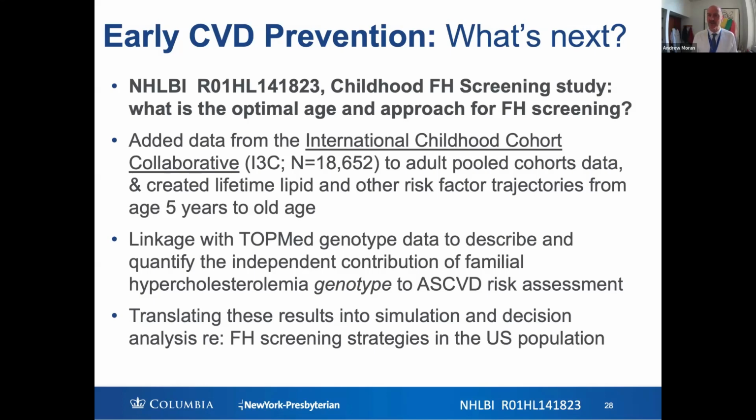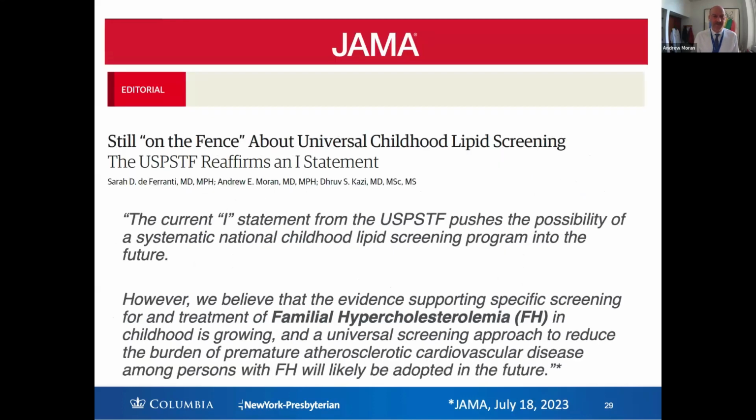We also linked our adult pooled cohorts to the TOPMed genetic data resource from the NHLBI, so that we could characterize which of the individuals in our pooled cohorts had known FH genetic variants.